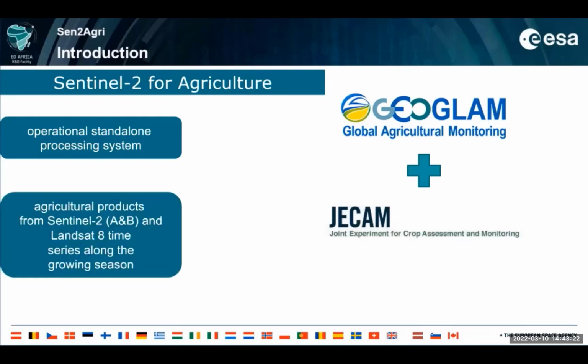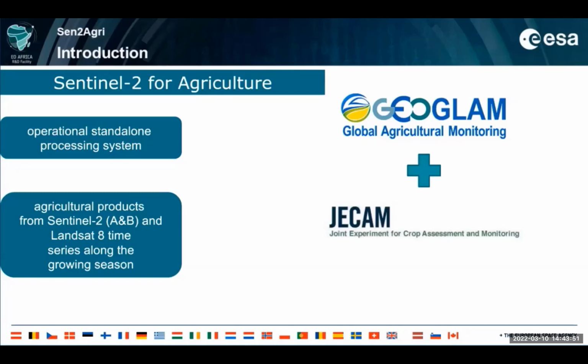It is also integrated with the previously described Sentinel-2 toolbox. It has been tested on Amazon Cloud, IPT, EODC, which is a private cloud, and DIAS, so not only local processing is possible. Sen2Agri processor is used to generate 4 agriculture products from Sentinel-2 A and B missions and Landsat 8, using time series along the growing season.